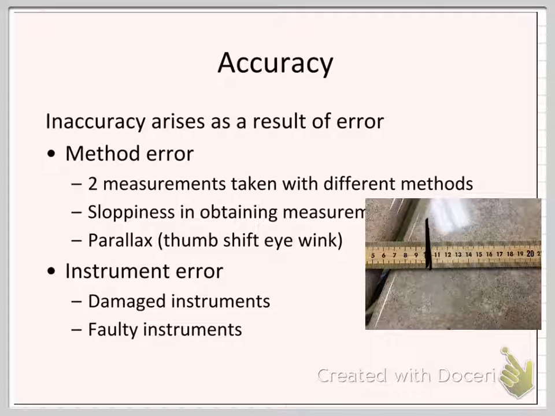The other thing is just plain old faulty instruments. We do some massing in here, not nearly as much as you did in chemistry, but when we mass objects, if some rotten, ornery sophomore who was bored sat at the side here and dug BBs out of the balance tray on the triple beam, it's not going to balance.